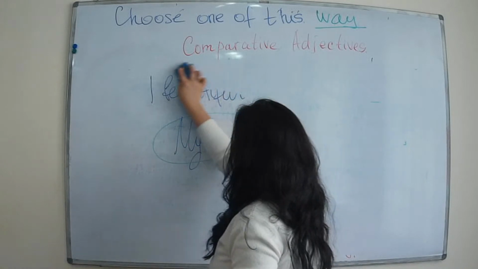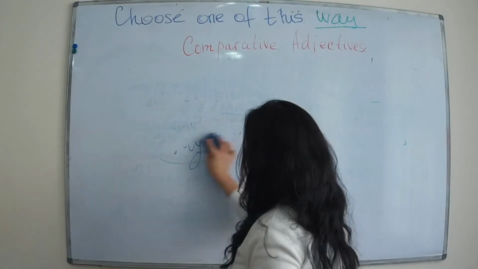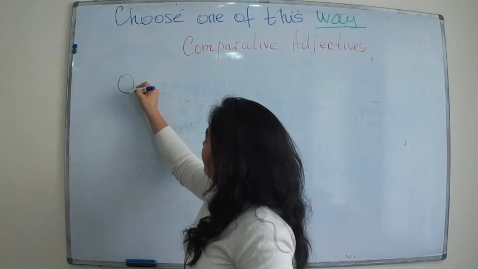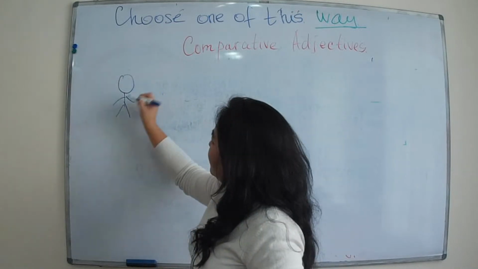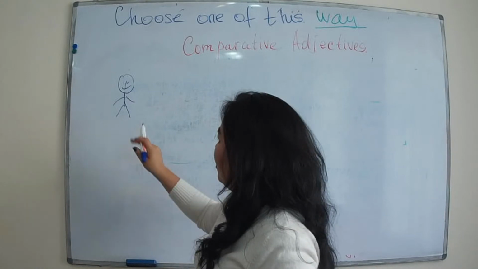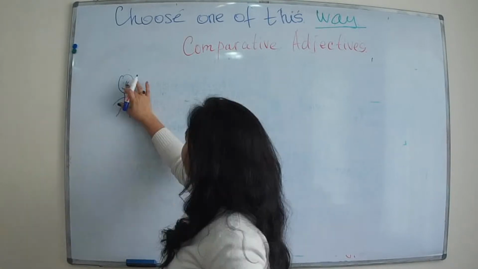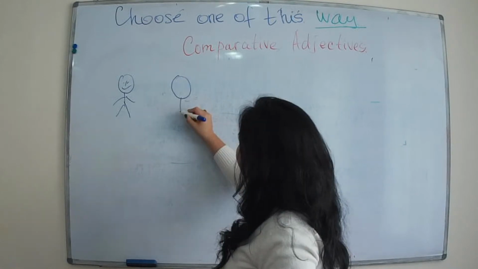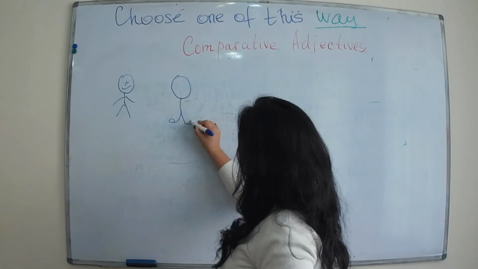And the same we can say about different things. For example, look at this. So you see it is a little boy or girl, and look at this.